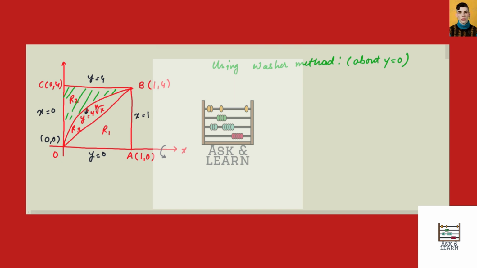So now the volume V equals pi, integral from y equals a to b, of R square minus r square.